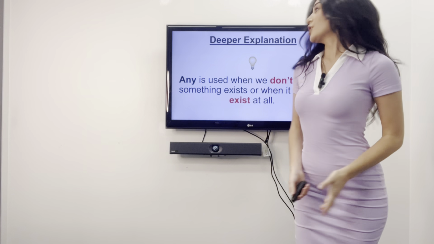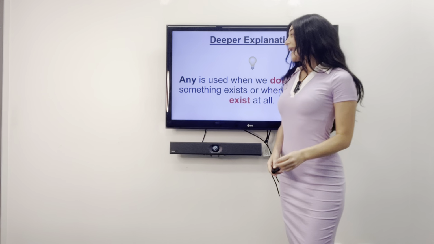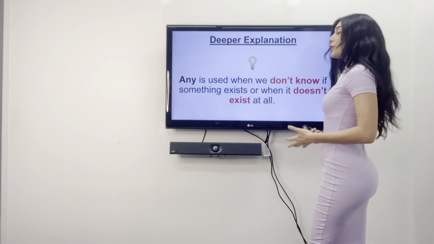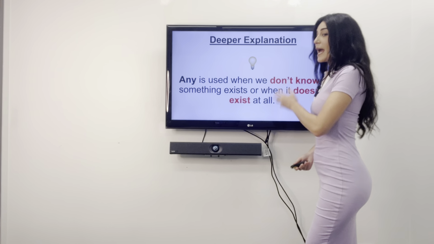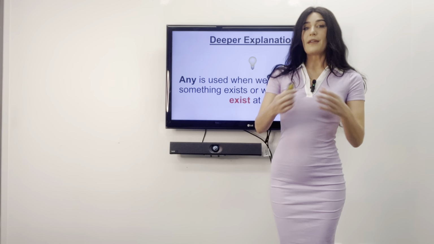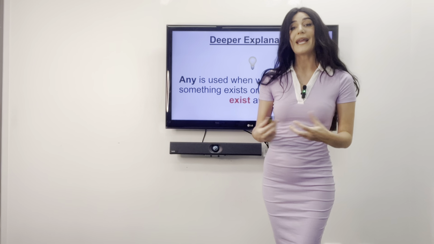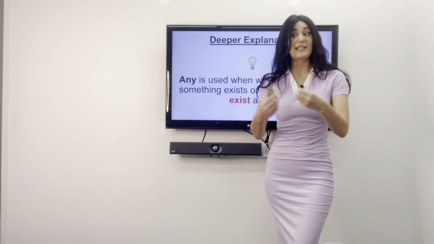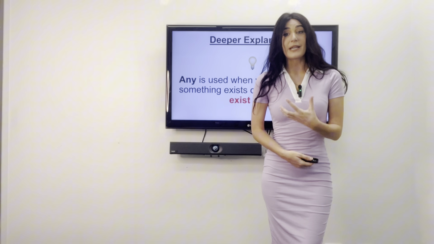Okay, deeper explanation for any. Any is used when we don't know if something exists or when it doesn't exist at all. So it's the opposite, guys. I don't know if what I want or what I'm asking for exists. I don't know if it's there at all. I want to find out.